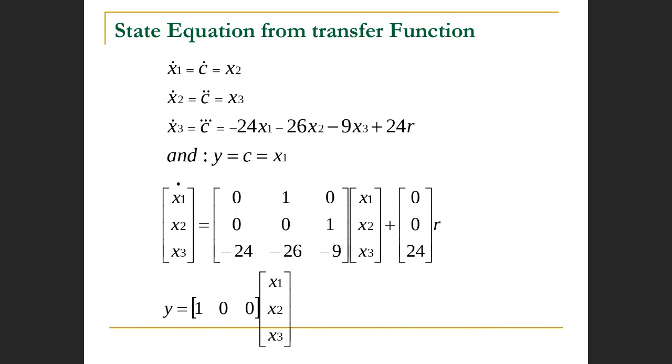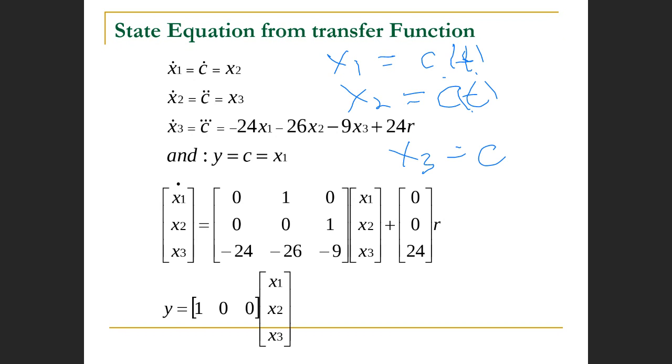I actually jumped right ahead and started differentiating, but clearly you would hopefully see how we select our state variables. You should make a little bit more detail in the slide. But x1, as I said before, is c of t. X2 is the first derivative of c of t. X3 is c double dot of t.